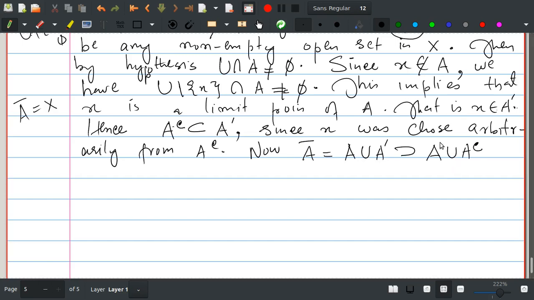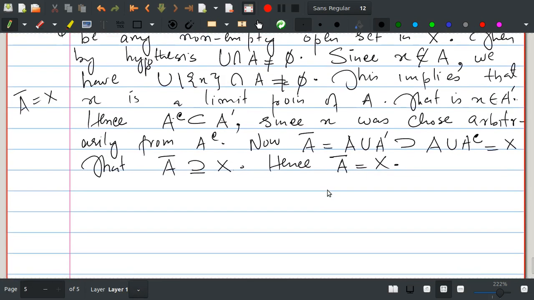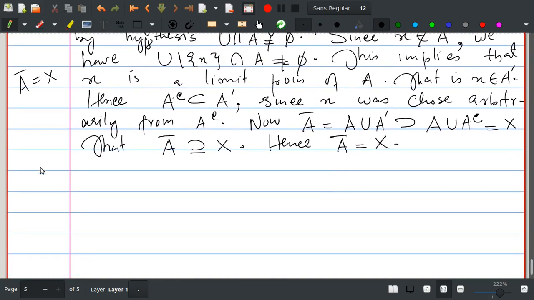Now for any subset A of X, A union A complement is whole X. So A closure contains whole X, but A closure is also a subset of X, hence A closure is equal to X. So hence we are done in this case, i.e. A is a dense subset of X.